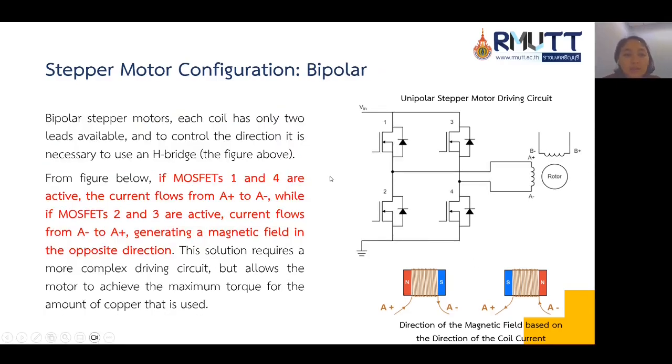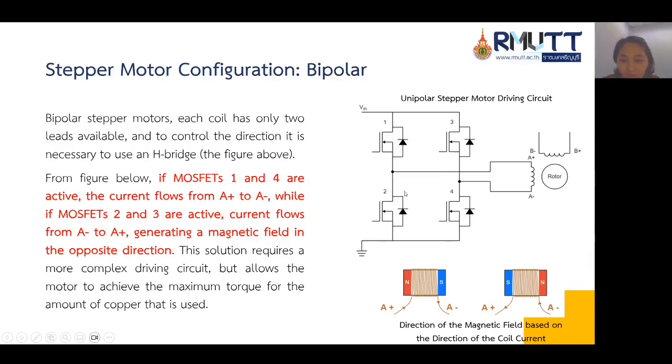And then the second configuration of stepper motor is bipolar, like in this picture. In a bipolar stepper motor, the coil has two leads available, and to control the direction, it is necessary to use an H-bridge like in this figure. From this figure, if MOSFET 1 and 4 are active, the current flows from A plus to A minus.